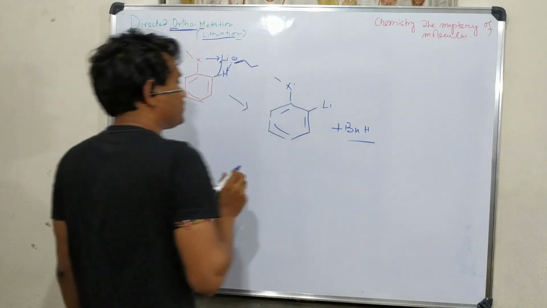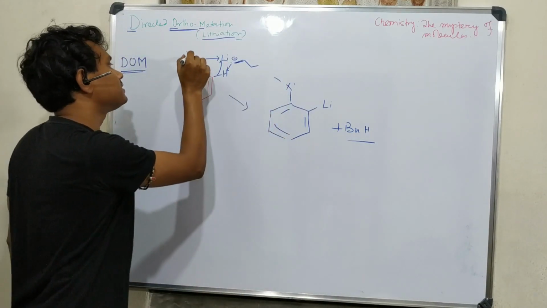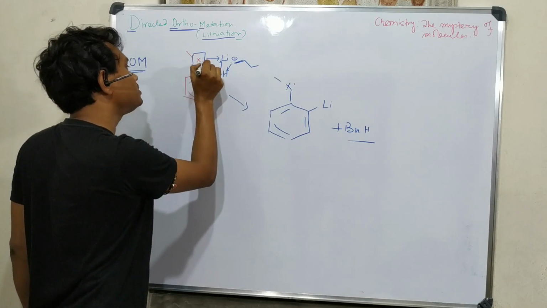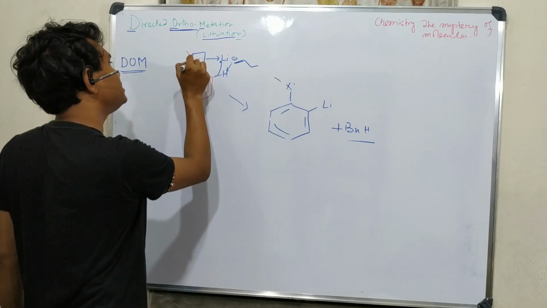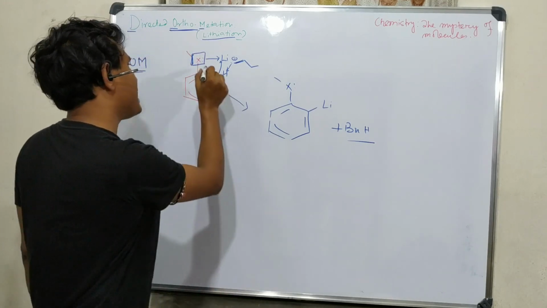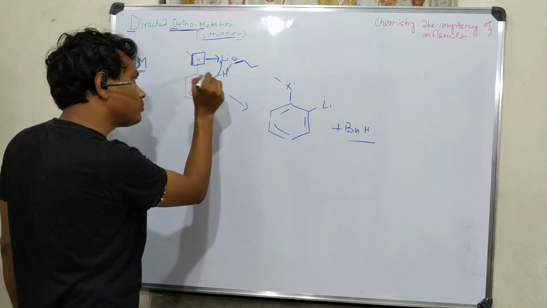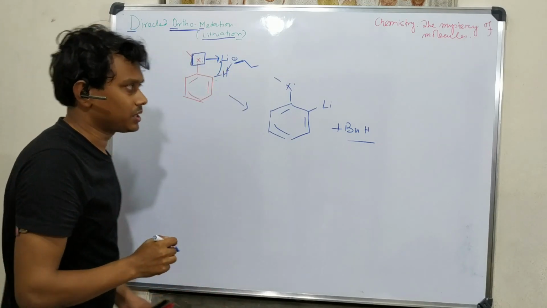So the first criterion of directed ortho-lithiation is that the attached group should have a coordinating site, meaning it should have a lone pair that can coordinate with the metal, and then after coordination the attack will be selectively on the ortho side.